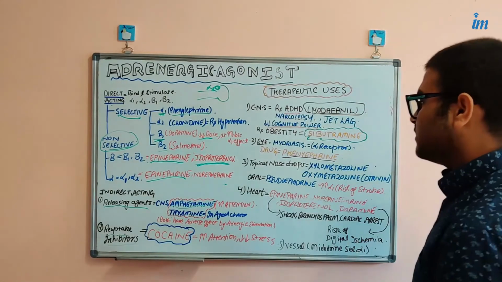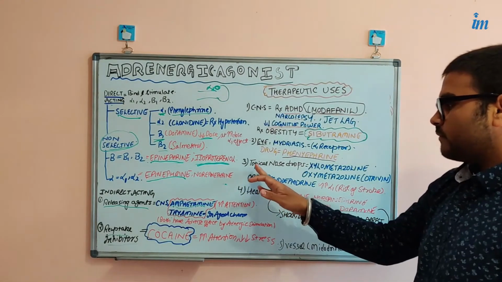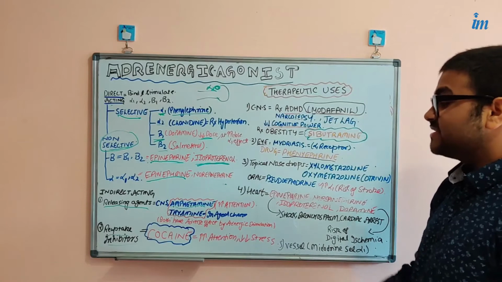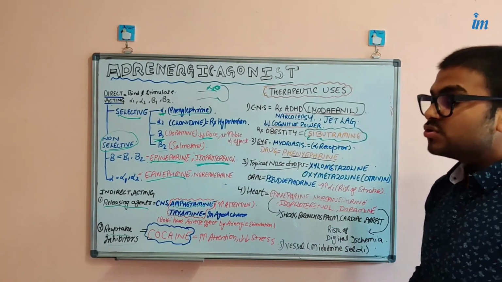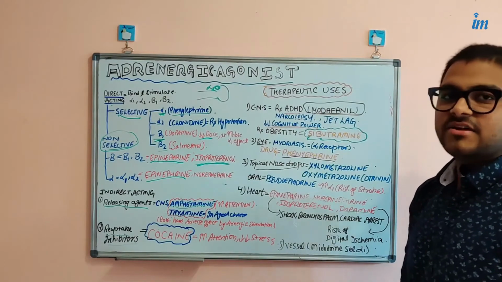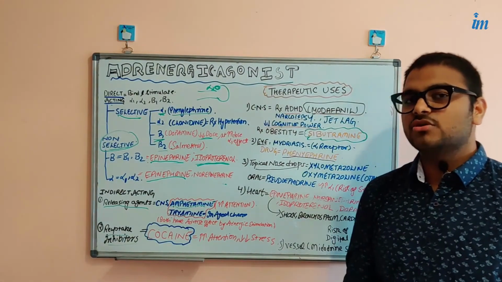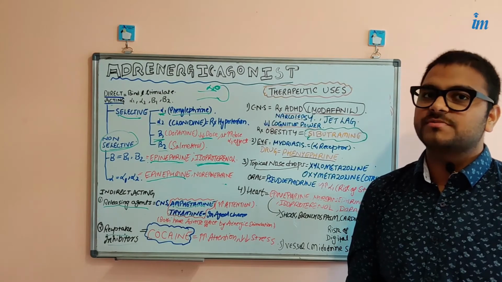Okay, then the third therapeutic application is in the nasal drops. We'll come to the nose. We know the blood vessels that are supplying your nose also have alpha 1 adrenergic receptors.